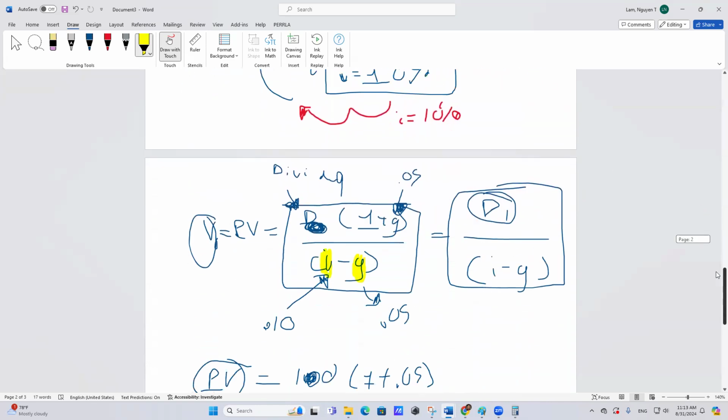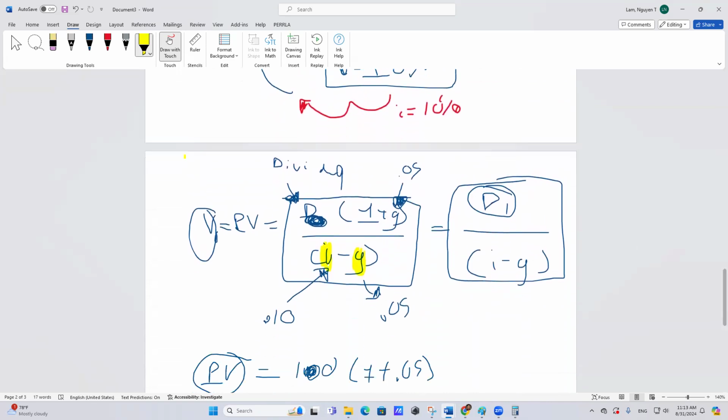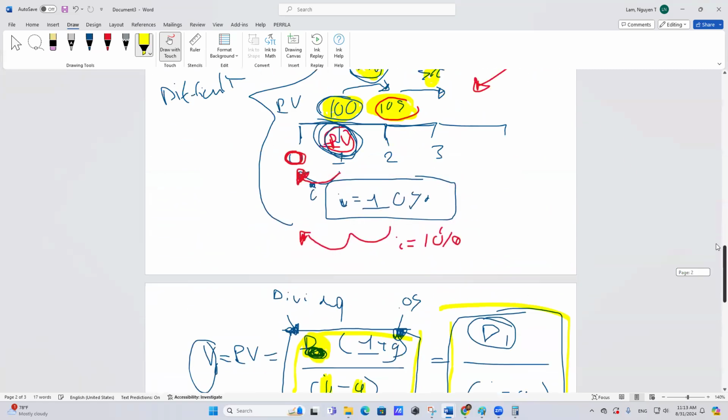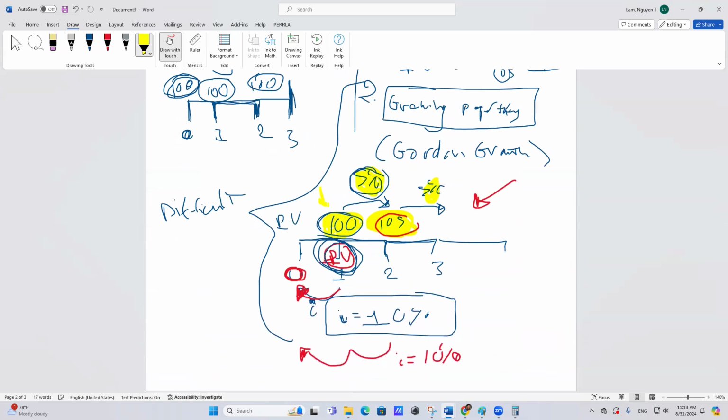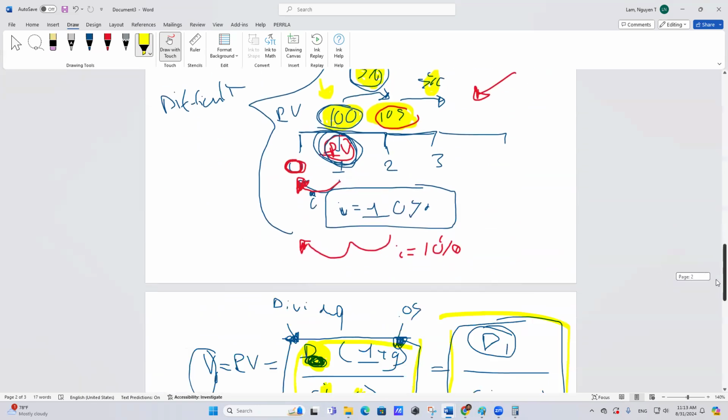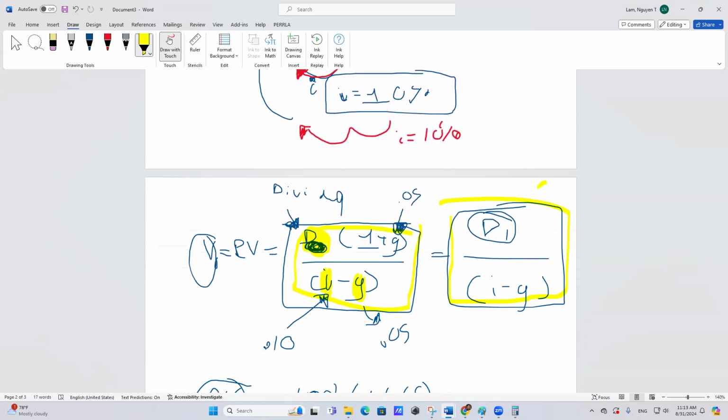The reason why I'm telling you guys to know these two equations is because sometimes the question gives you the dividend that hasn't experienced the 5% yet, which is 100. Then sometimes the question is phrased in a way that gives you the dividend that has already experienced the growth.